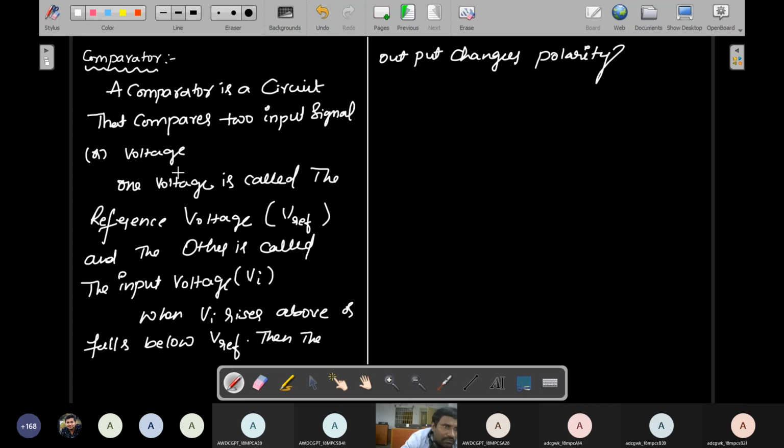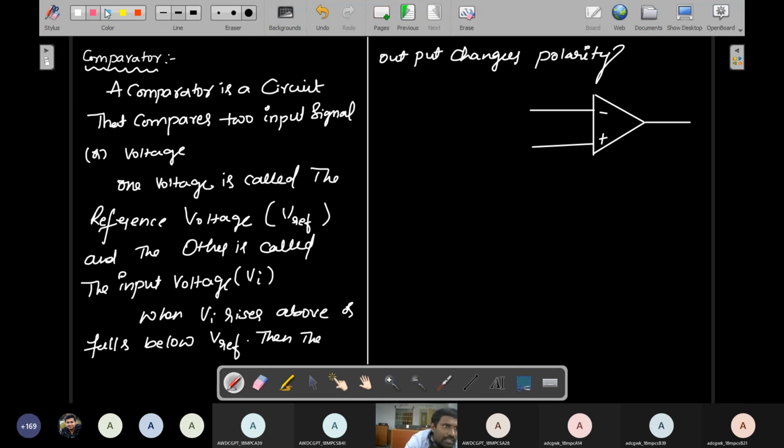I will draw the circuit diagram of the operational amplifier. This is your operational amplifier. This is minus and this is plus.